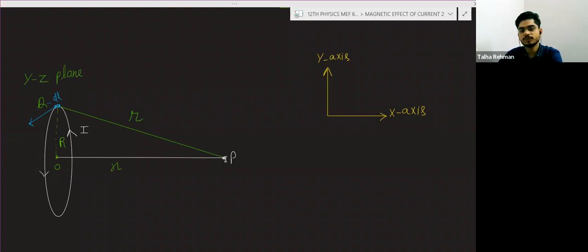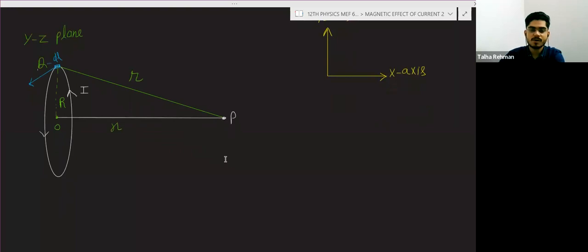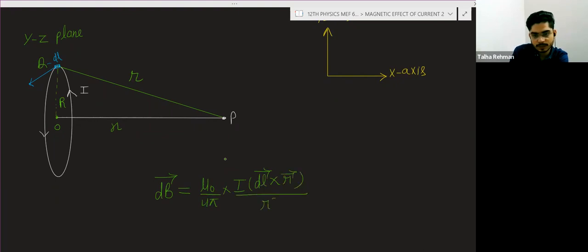So what we will do, we will apply the Biot-Savart law. I am just writing in vector form, just for a minute. Mu 0 divided by 4 pi into I, dl vector cross r vector, divided by r cube.